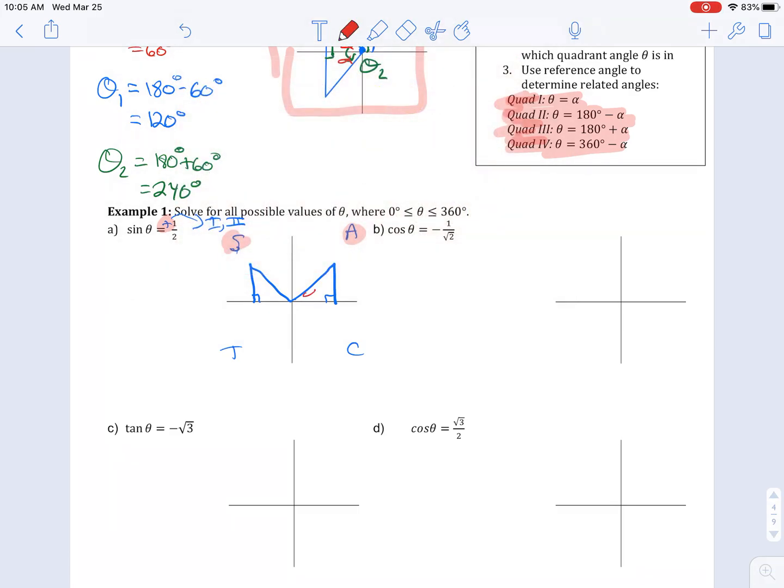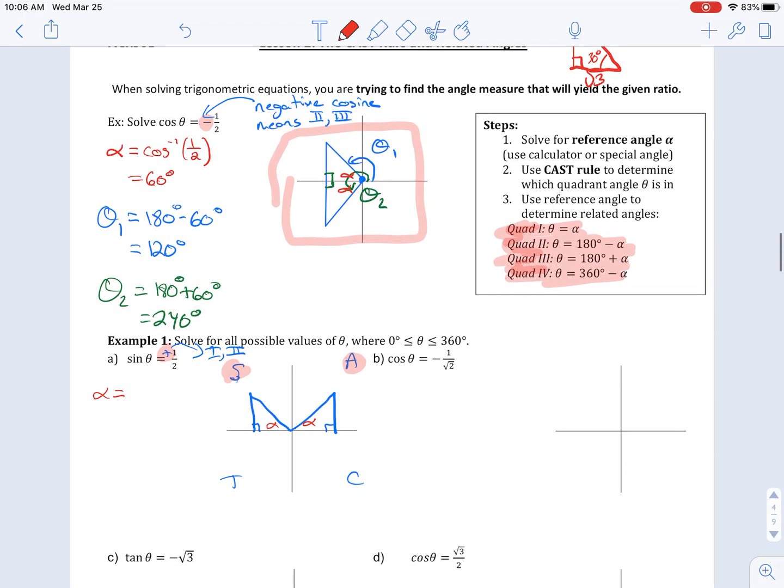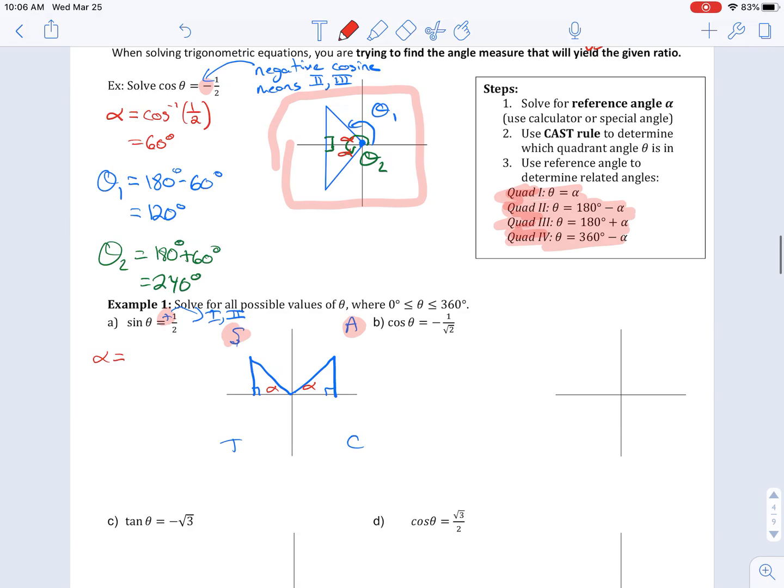So the second part is to find what is the related acute angle, so alpha. And again, if you go to your triangle, this is actually another one of our special triangles. And this one, sine of 30 would be 1/2. So again, you can use your calculator. Inverse sine of 1/2 gives you 30 degrees.